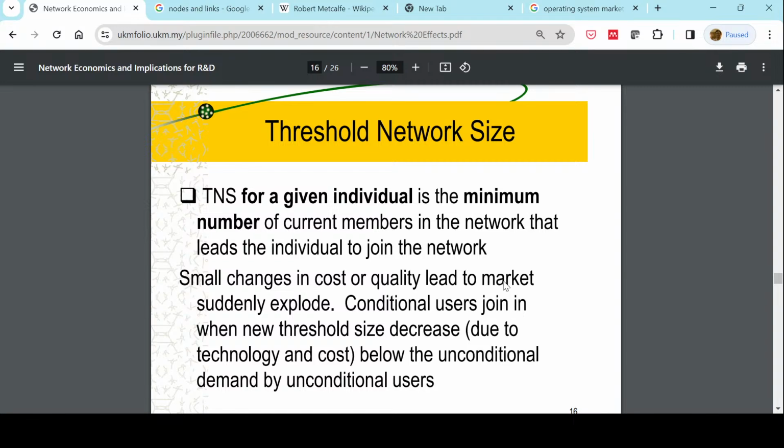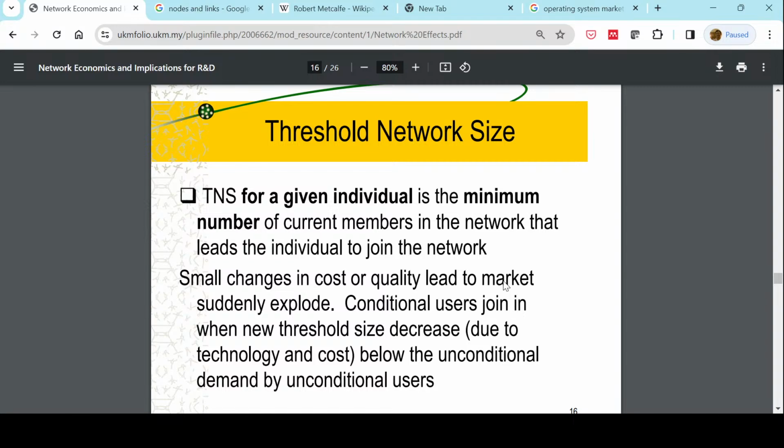If I had just waited a few more weeks, buying in January, I'd get a 5,000 or 10,000 discount. That's what we call a conditional user.